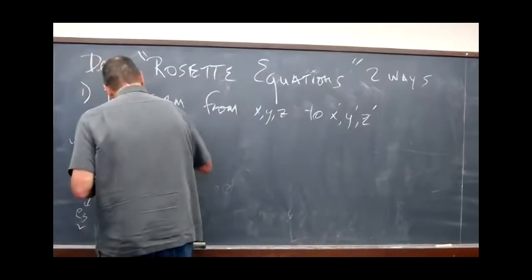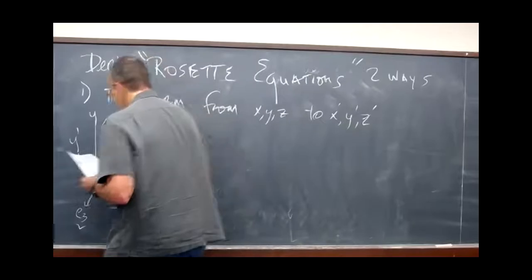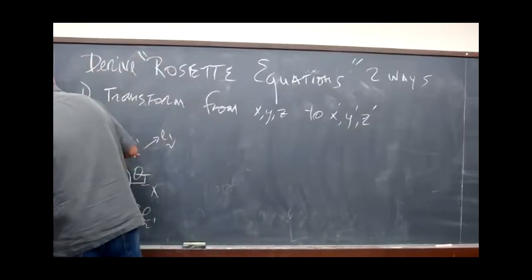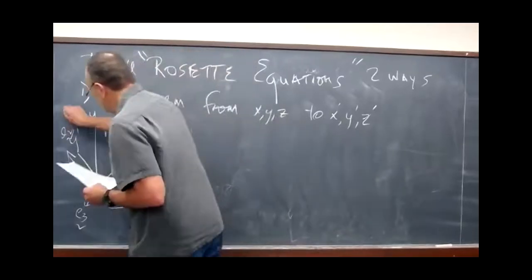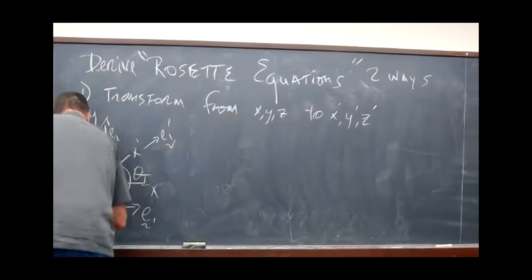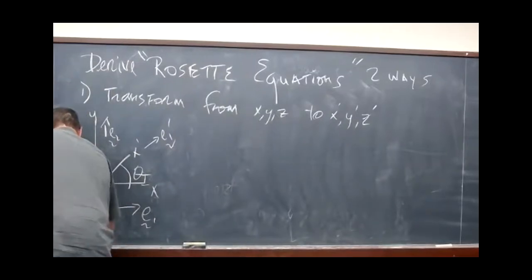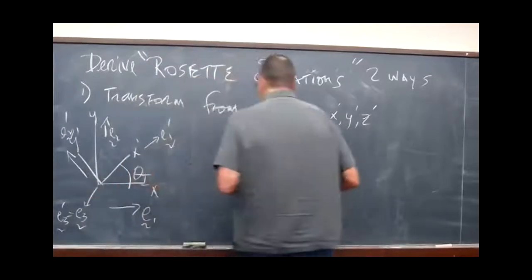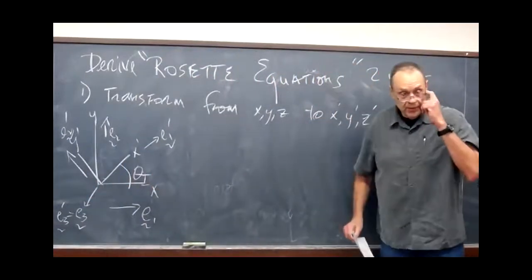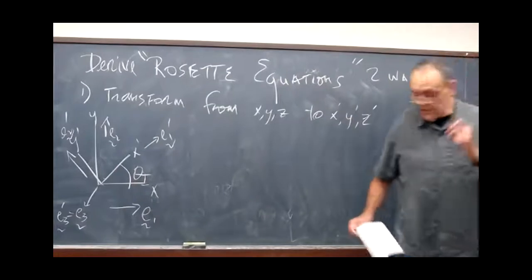Here's our new basis, E1 prime, E2 prime, and E3 prime equals E3. So this is a simple coordinate transformation in that we're just rotating about the z-axis.